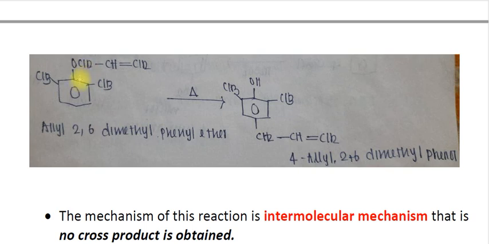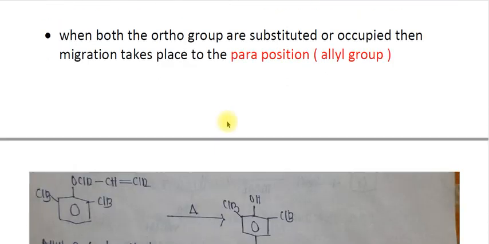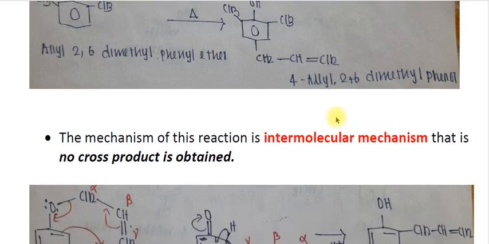Anyway, if both ortho sites are substituted, then the group migrates to the para position. So at the para position CH2 CH double bond CH2, we get 4-allyl 2,6-dimethyl phenol.